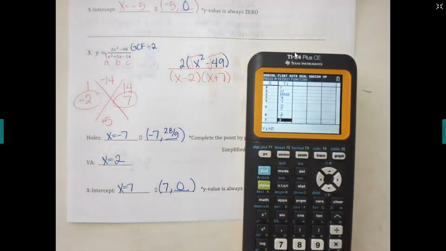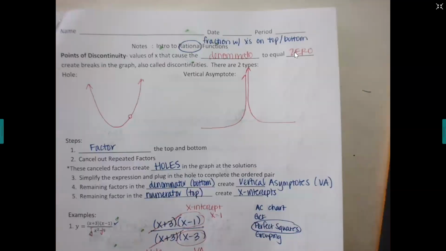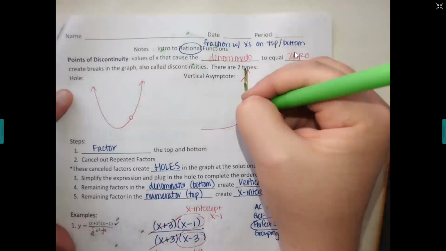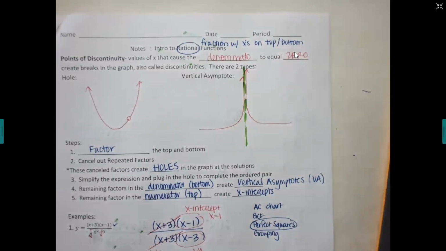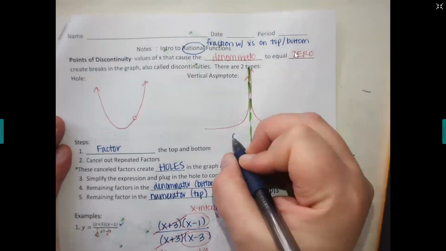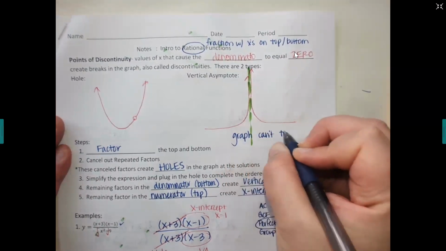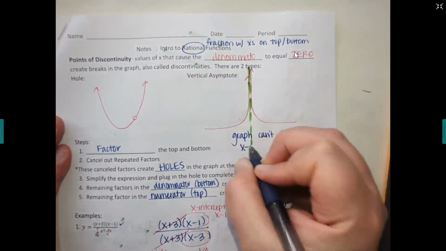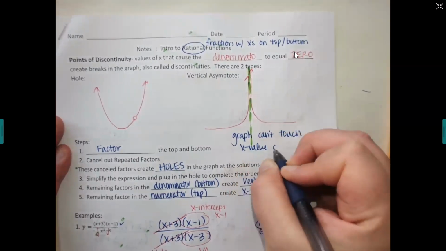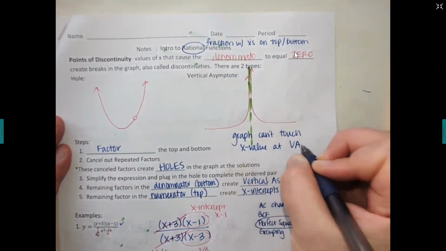Error. Okay, an error means that you don't have an x at 2, but if you remember what an asymptote looks like, remember that an asymptote is going to be a line that your graph can't touch. So the graph can't touch the x value at a VA.